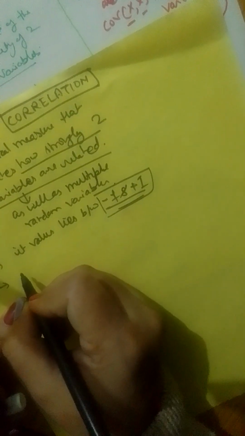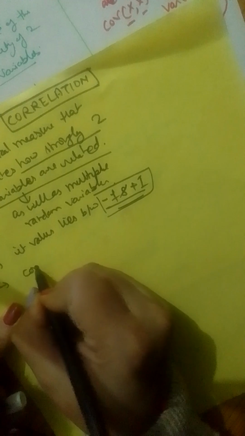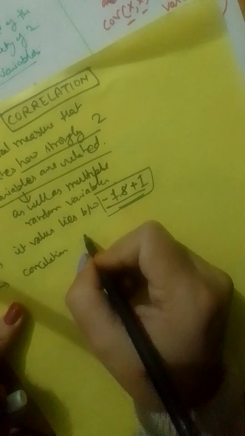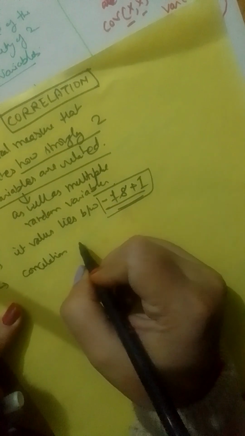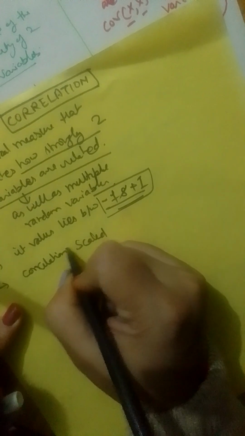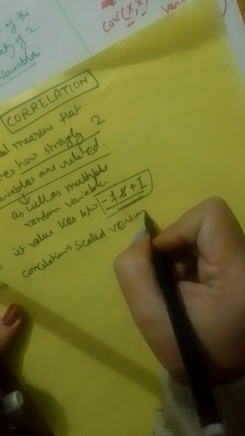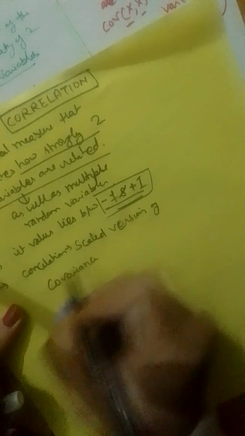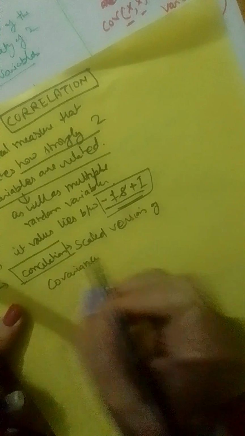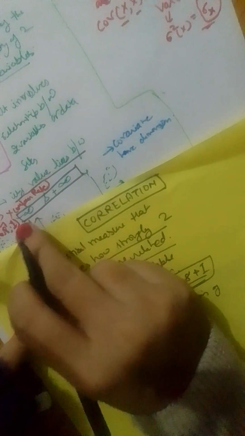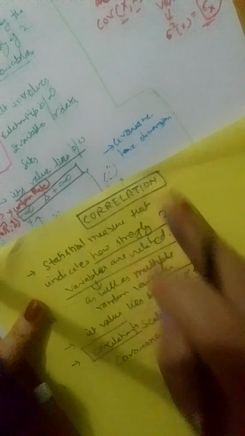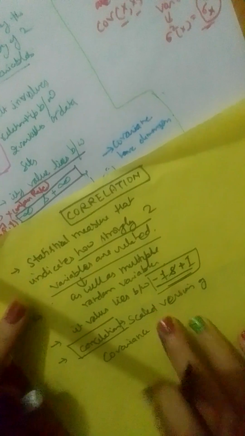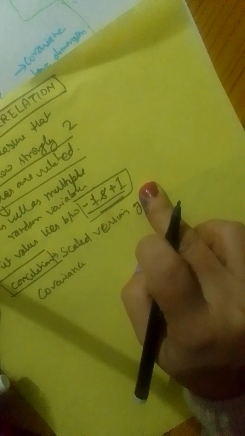So in a nutshell, we can say that correlation is nothing but a scaled version of covariance. Why do we say scaled version of covariance? Because we data scientists reduced the -infinity to +infinity range into the scaled version of -1 to +1.